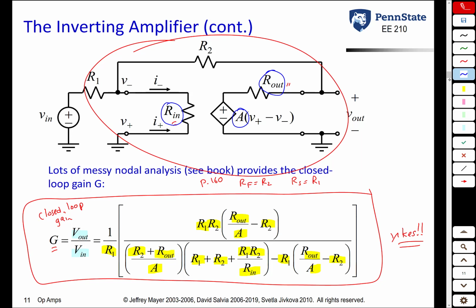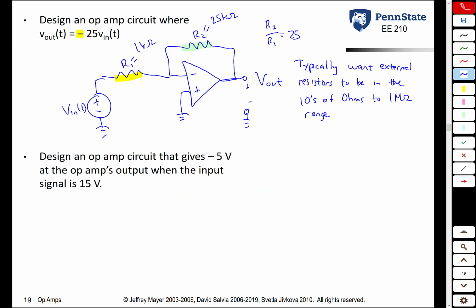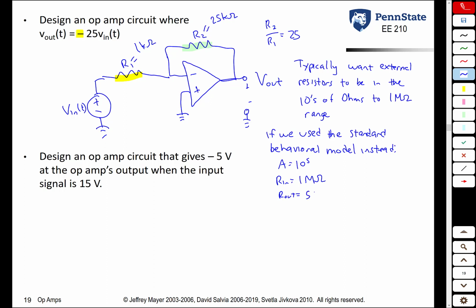But in the standard behavioral model, you take those into account. So let's do a calculation here and see what the actual gain would be if you use the standard behavioral model. Well, let's assume that A was 10 to the 5th, and let's assume that R in is 1 mega ohm, large but not infinity, and let's assume that R out was 50 ohms, small but not 0.